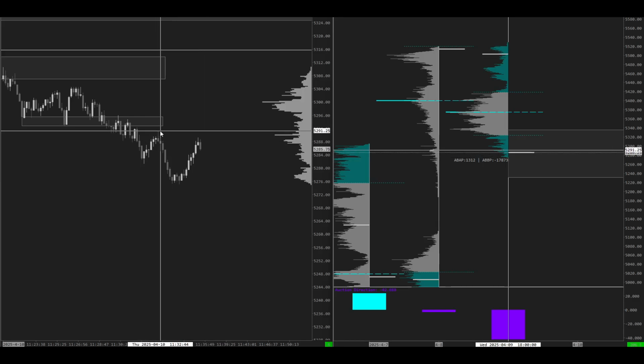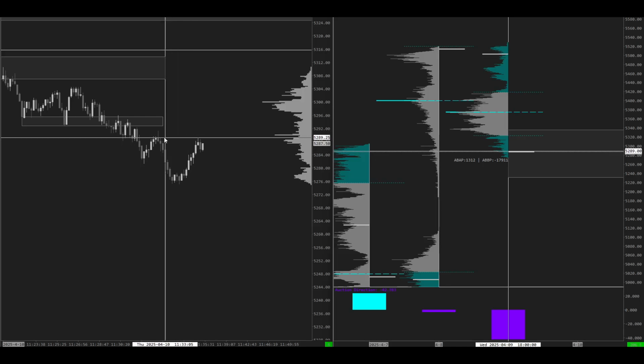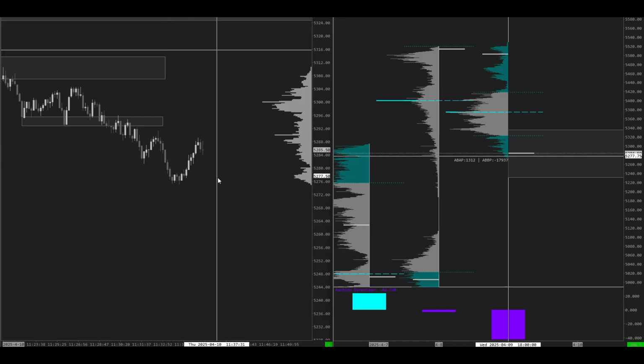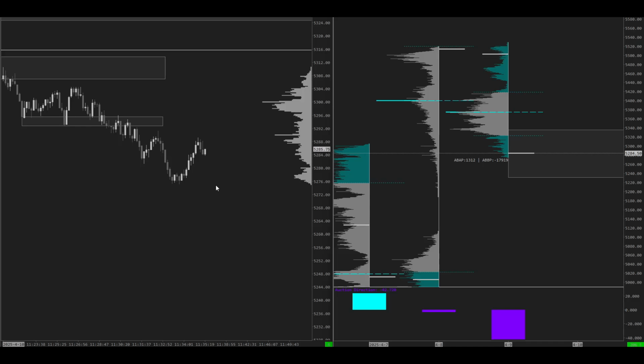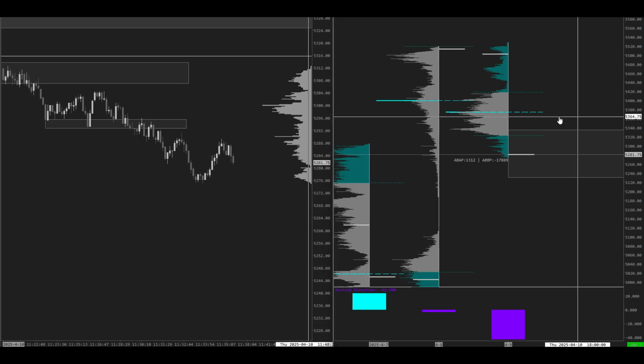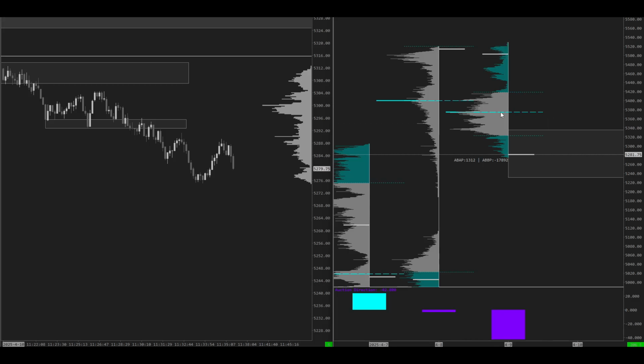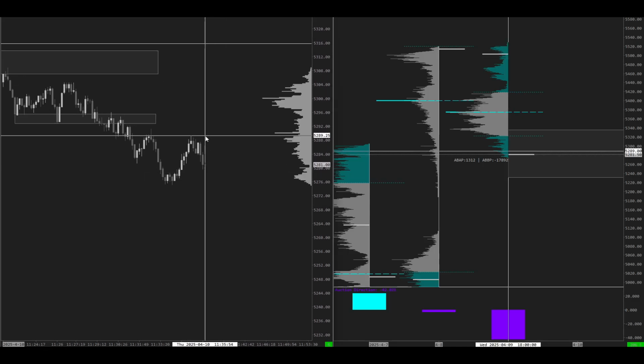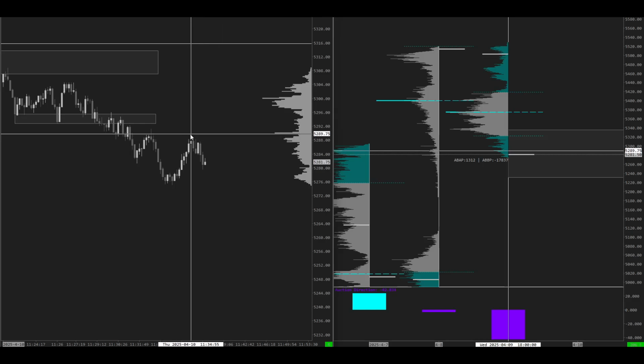It's a pretty decent bounce. Potential for another lower high. It's crazy.